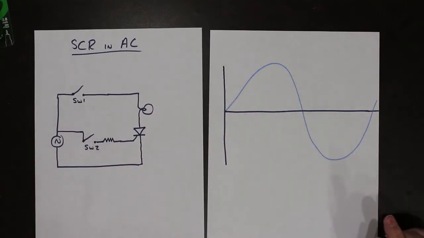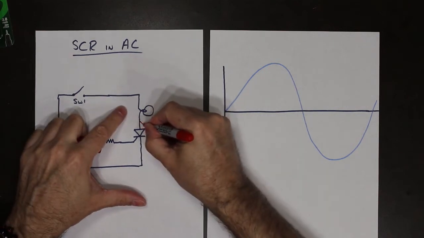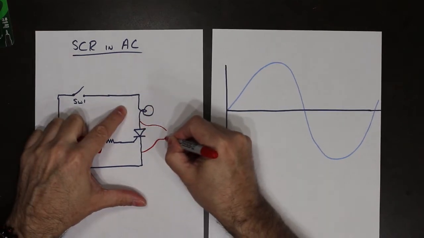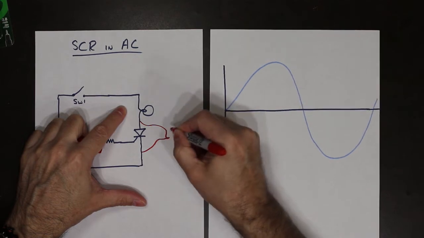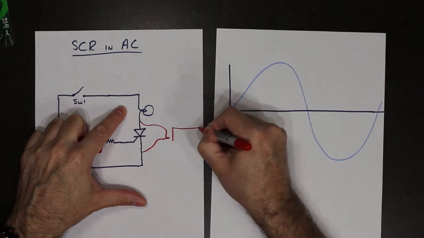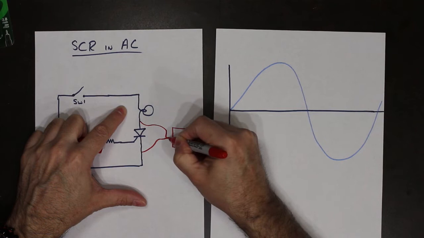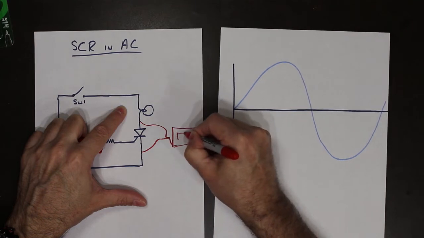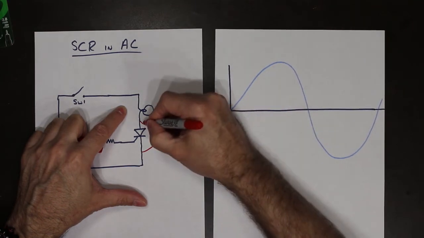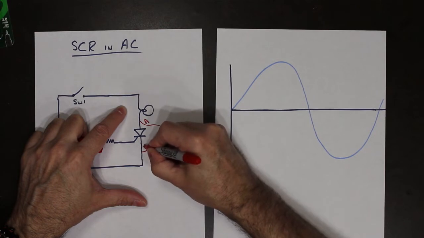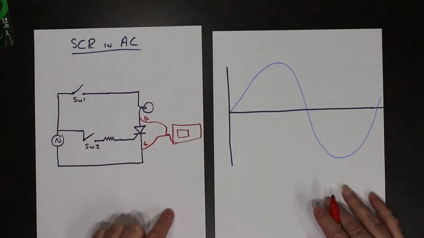So we're going to pretend that we are hooking up a scope from the anode to cathode in that circuit.